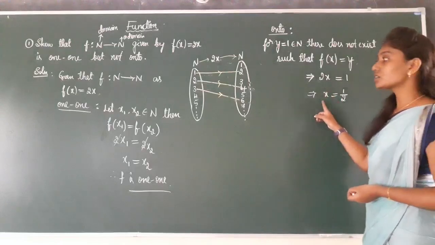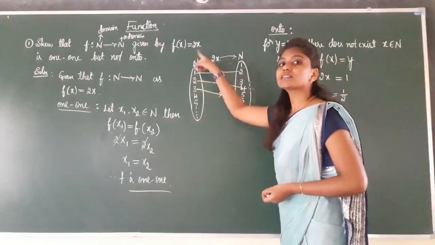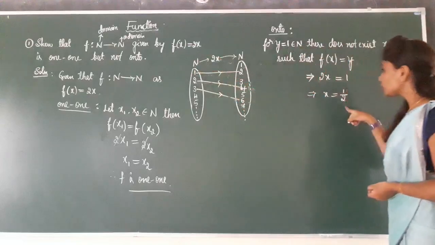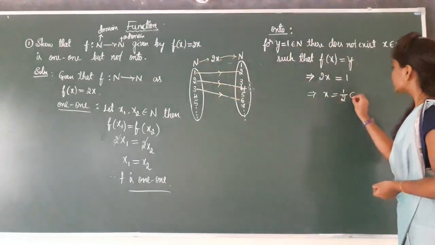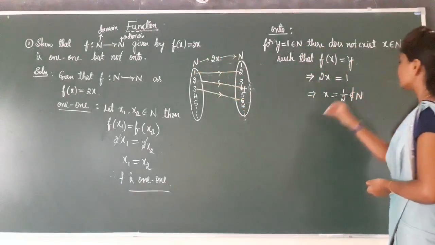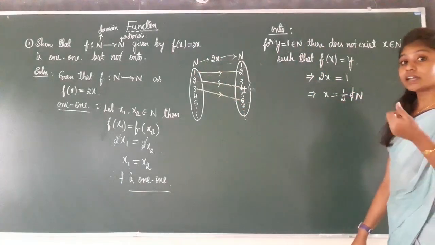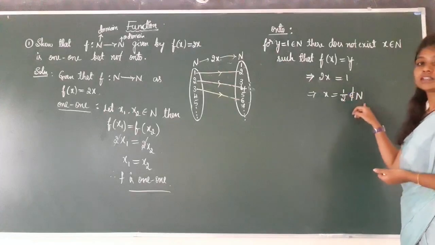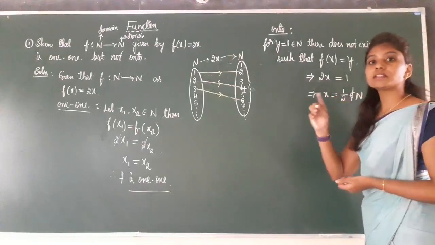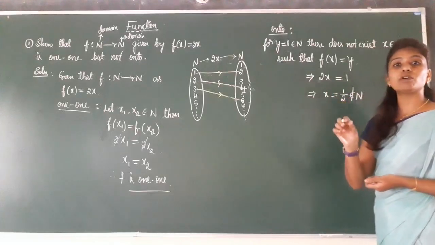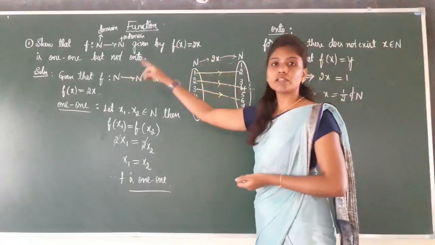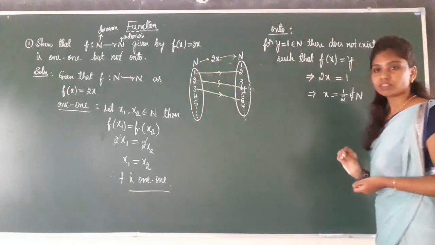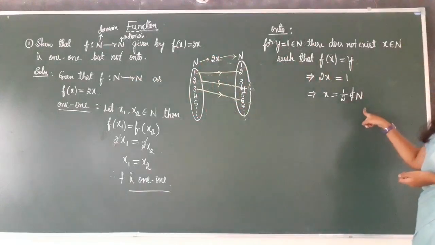X belongs to the domain set, that is natural numbers. Does 1 by 2 belong to natural numbers? No, right? That's why this does not belong to natural numbers. That's why I am telling that domain and codomain sets take a very important role while we are proving 1-1 and onto functions. So 1 by 2 does not belong to natural numbers.